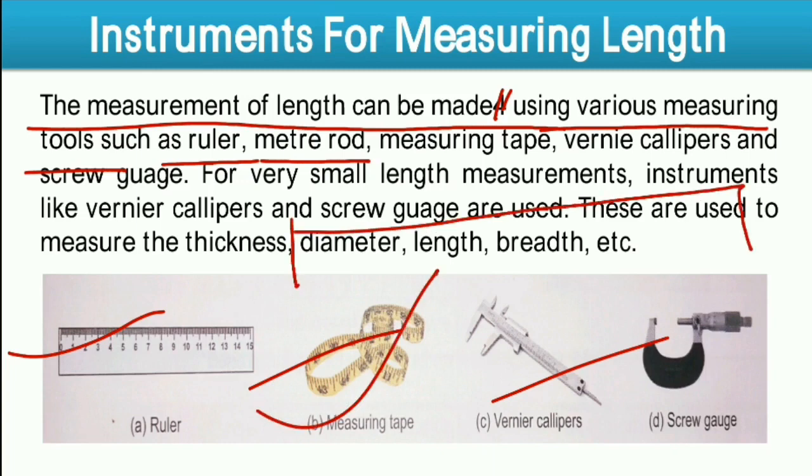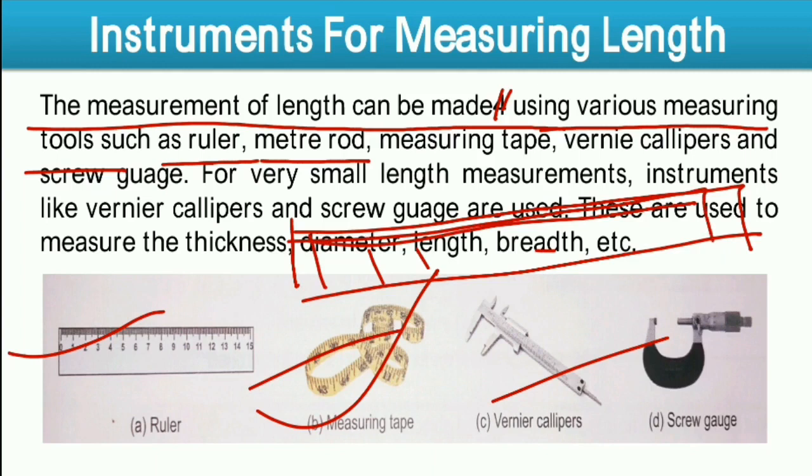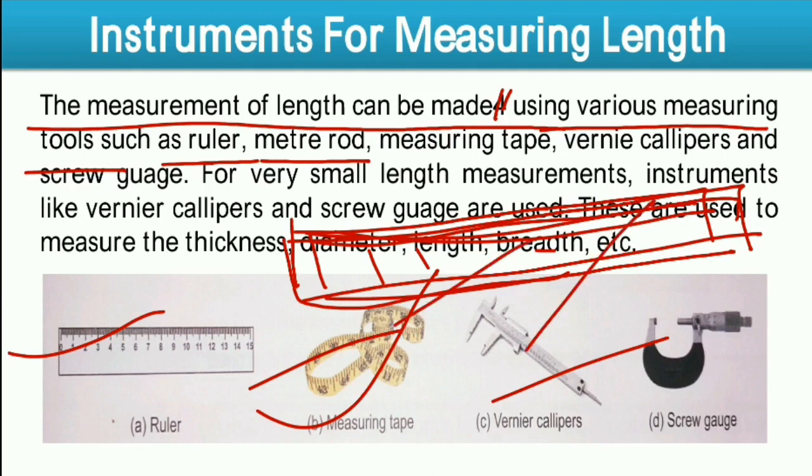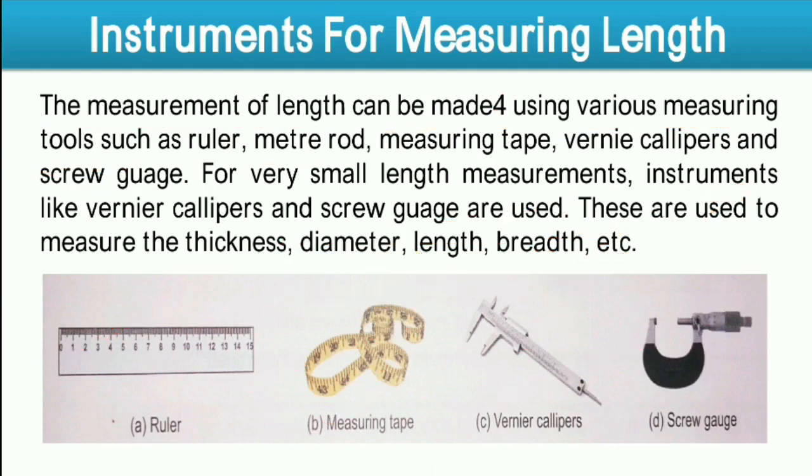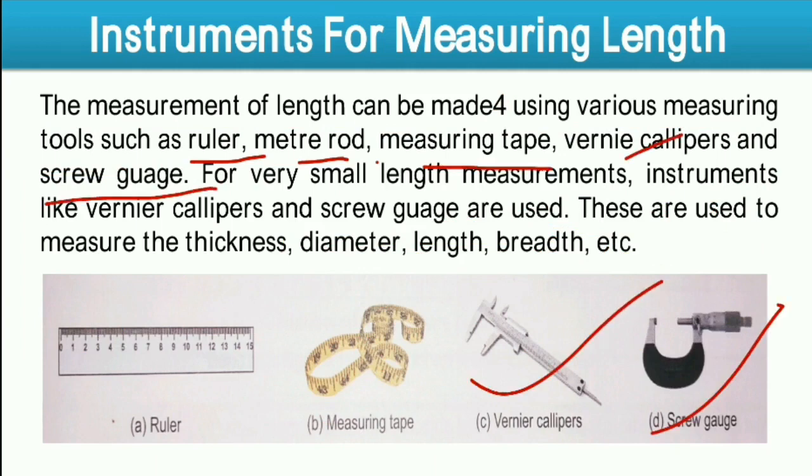That rod is of approximately 1 meter, a fixed length, and it is known as the meter rod. Got it? So ruler, meter rod, measuring tape, vernier calipers and screw gauge are used for measuring the length of an object.